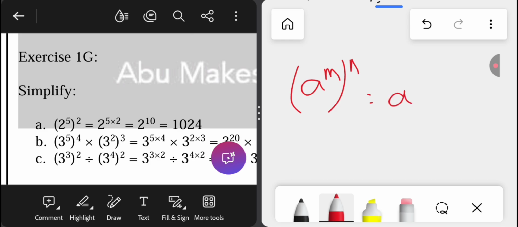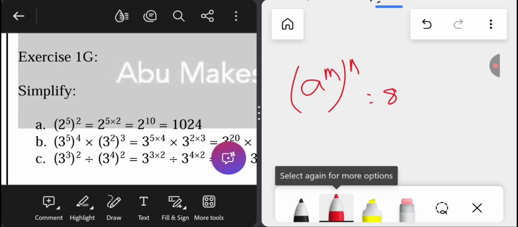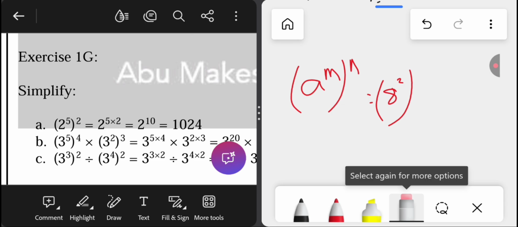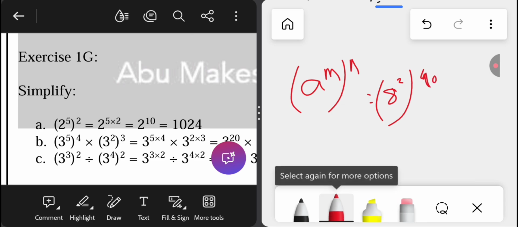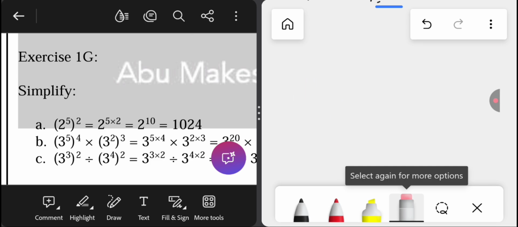Suppose the value of a is 8 and the value of m is 2, meaning 8 square, and the value of n can be infinity, or 40, 400, 4000, 40,000, 400,000, or 4 million, 40 million, 400 million. It depends. It can be anything. It can be zero also.